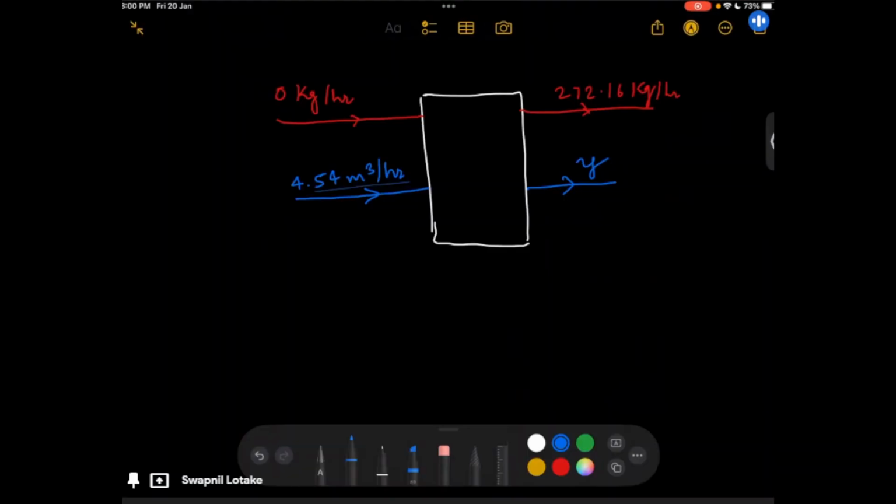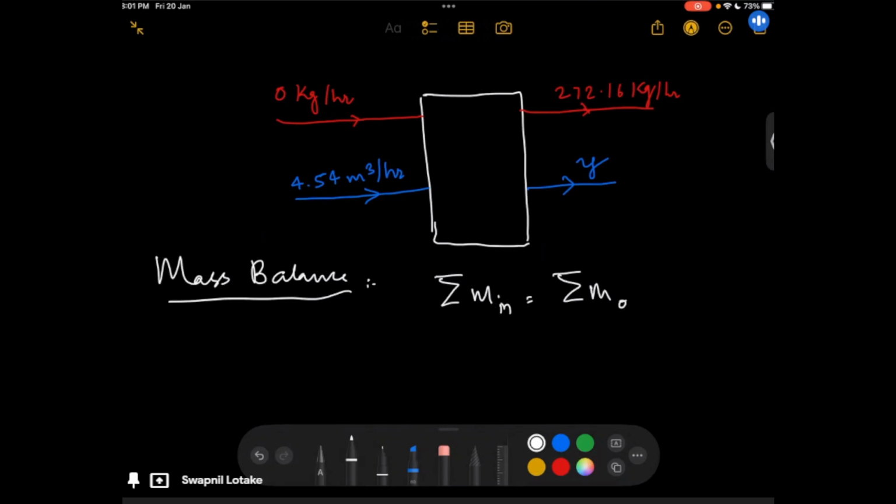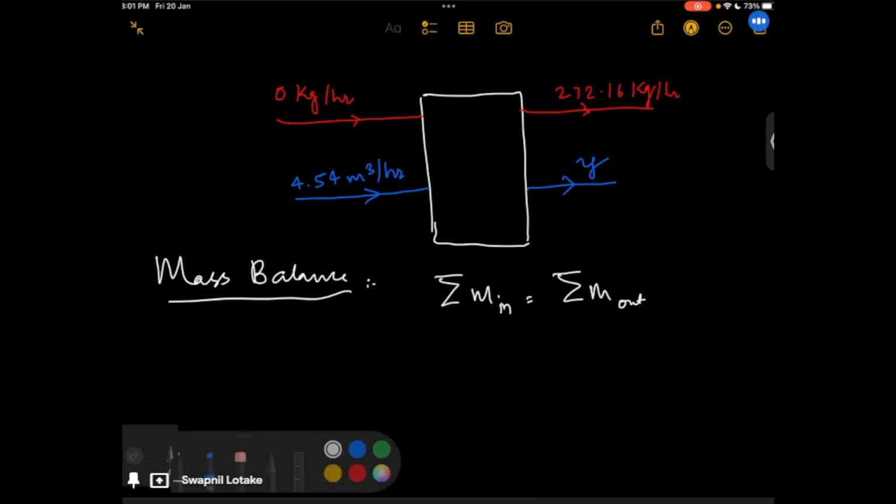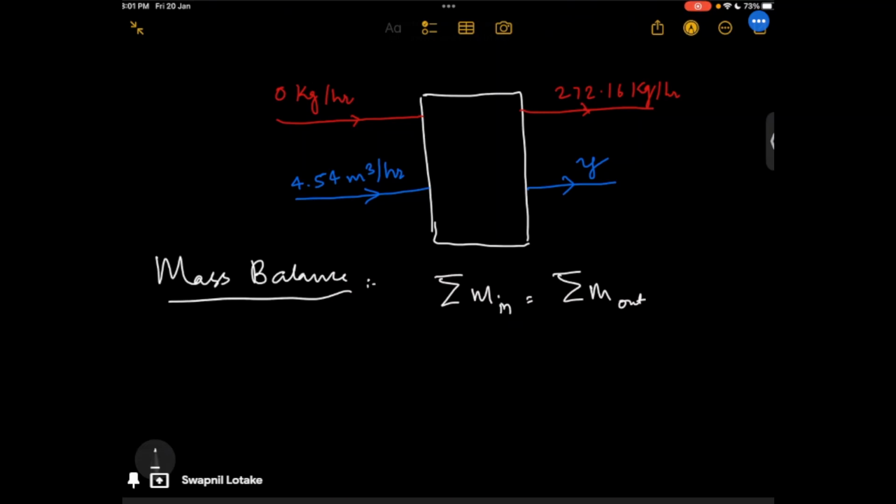So we will use a simple mass balance equation. Summation of mass in is equal to summation of mass out. This is one input, and these are two outputs. So the mass input is 4.54 meter cube per hour, and the output is 272.16 plus y. This is in kg per hour, and this is in meter cube per hour.